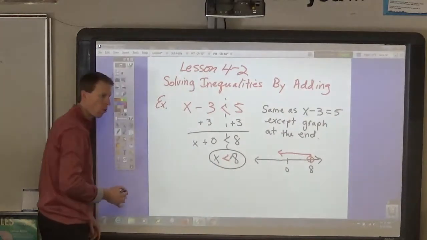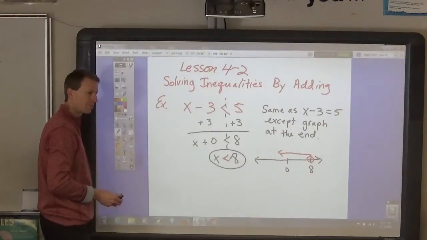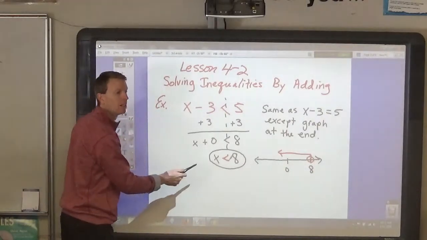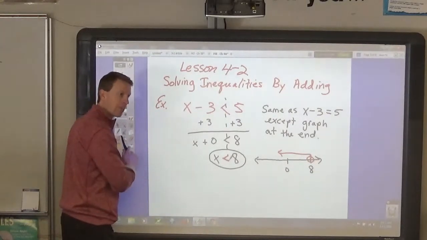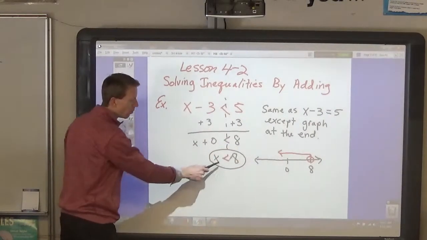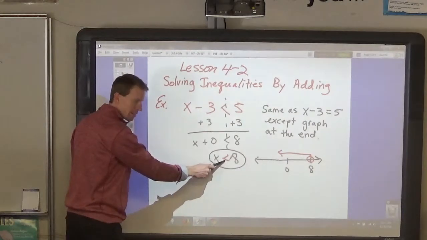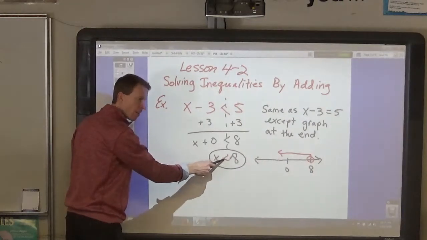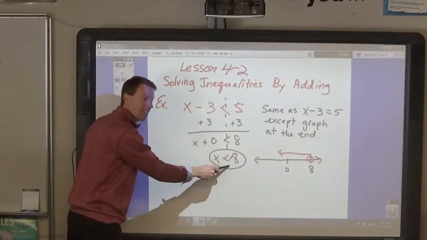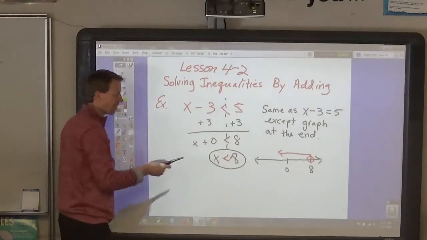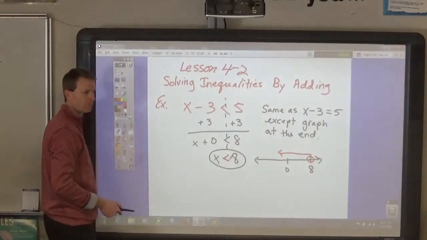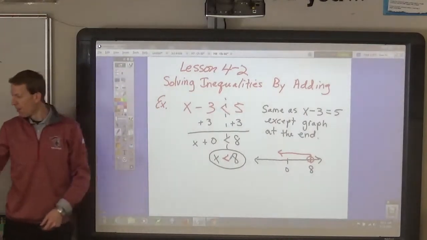The less than sign points to the left. The greater than sign points to the right. So when you're reading this, you know this is the less than sign because it's pointed to the left. Yes. X is less than 8. Okay? That makes a lot more sense now.